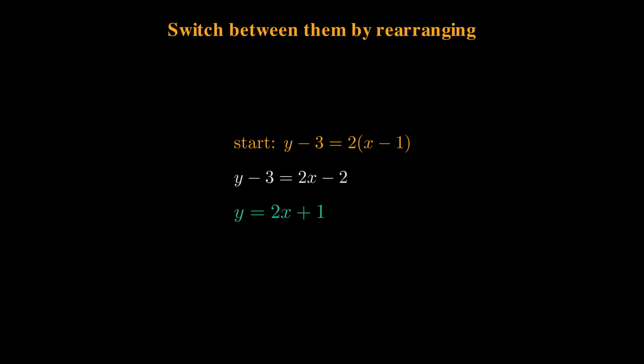And to reach the general form, just move everything to one side. 2x minus y plus 1 equals 0. Same line, three costumes. The golden habit, which we'll lean on all video, is to rearrange into y equals mx plus c whenever you need the gradient, because then m is just sitting there in front of the x.